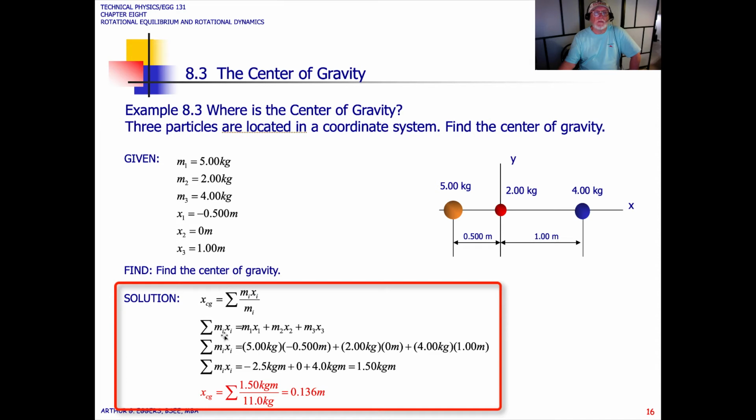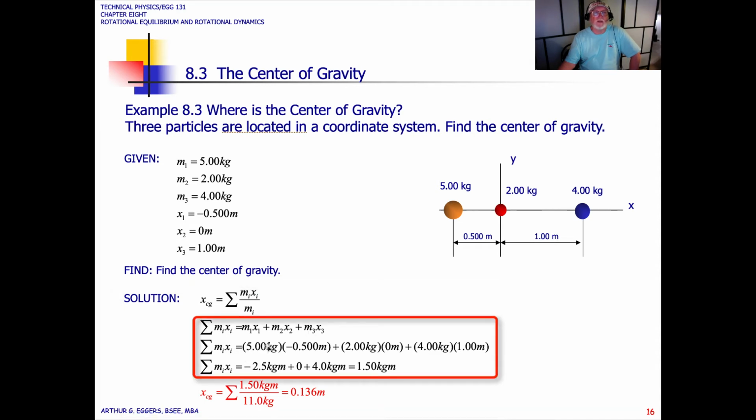So if we sum all of the m times x components, we have 5 kilograms times minus 1/2 meter, 2 kilograms times 0 meters, so we know that term is going to disappear, and 4 kilograms times 1 meter. And what we end up with then is a summation that says minus 2.5 from 4 gives me 1.5 kilogram meters. Okay, because that's the product of each of these.